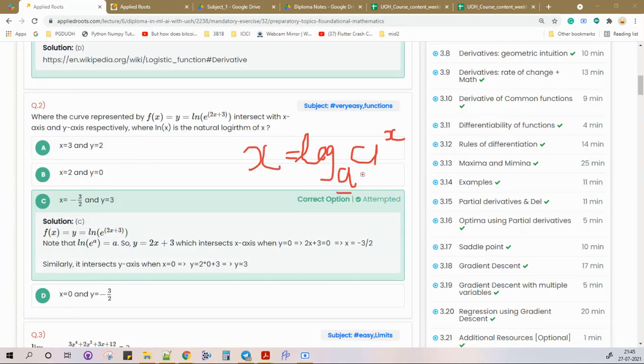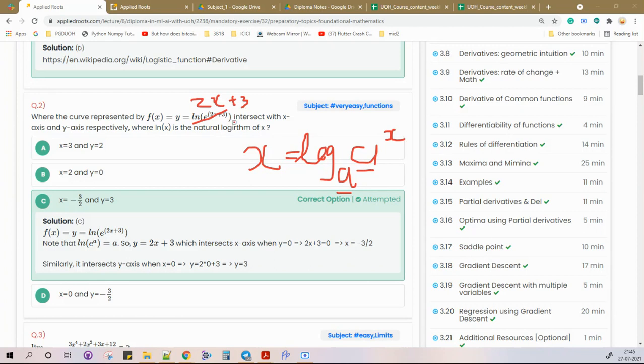This term and this term should be similar. So here the base is e, the natural logarithm base is e, and I have e to the power 2x plus 3. So this is nothing but 2x plus 3 only, right? So now we have the simpler equation, y equal to 2x plus 3.